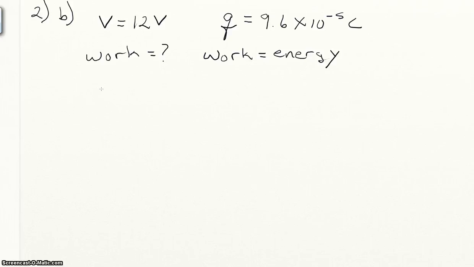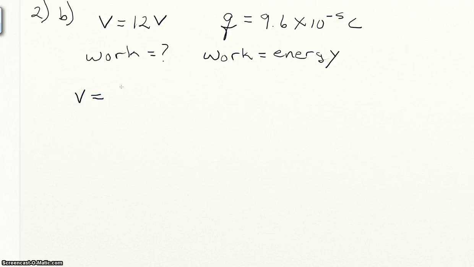So if we're solving for energy, I have 12 volts, and I have 9.6 times 10 to the negative fifth coulombs. Just knowing that I have those two things, they are in a relationship with work. And so what I look at is voltage.